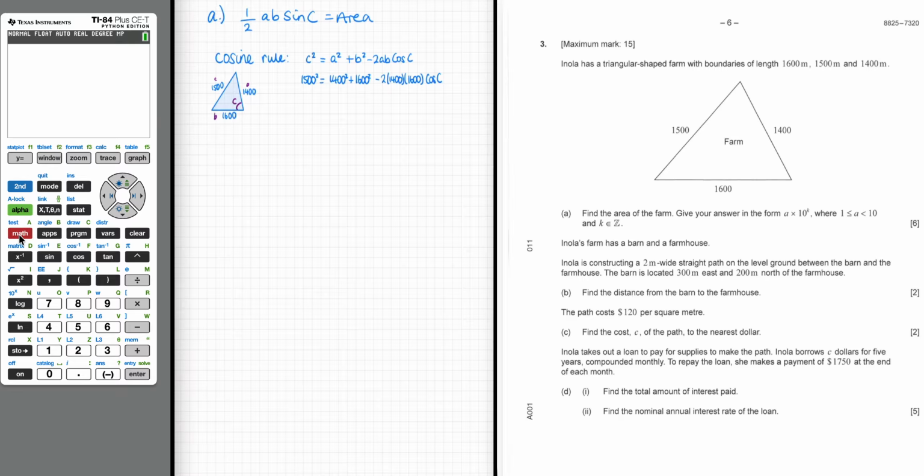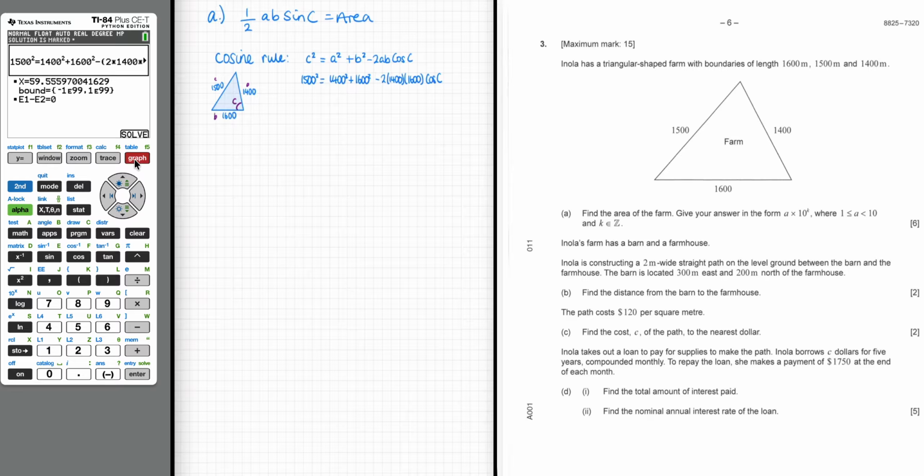So I'm going to do this in the calculator. If I go into math and numeric solver, then we have 1500 squared, and on this side 1400 squared plus 1600 squared, minus 2 times 1400 times 1600, times cosine x, and that's the part we're trying to find.